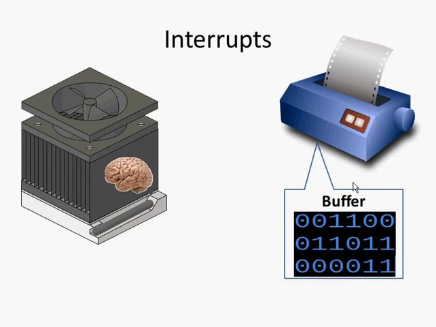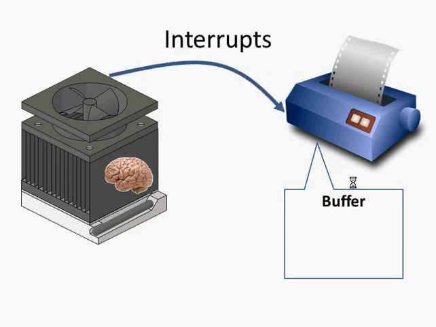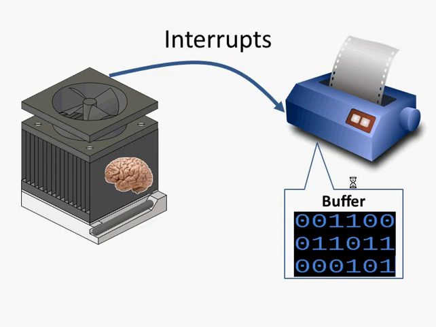When it's finished printing out that document, the buffer is empty. So the printer says to the processor, hey, I'm going to interrupt you. Have you got some more data for me to print out? The processor stops what it's currently working on and sends back some data to the printer to fill up its buffer again.